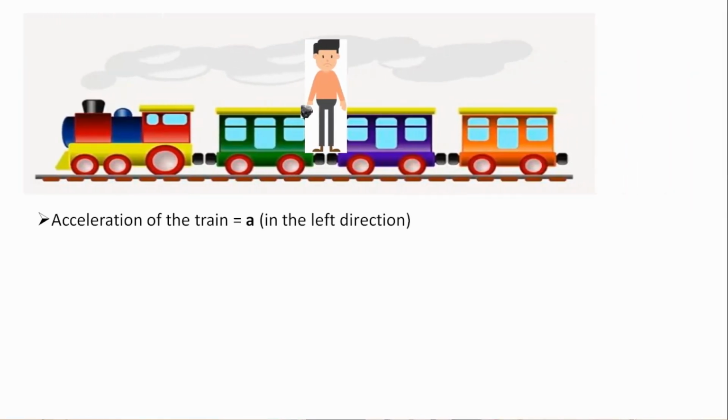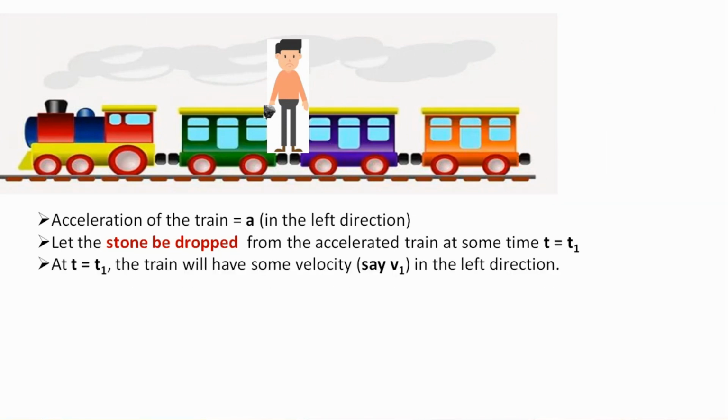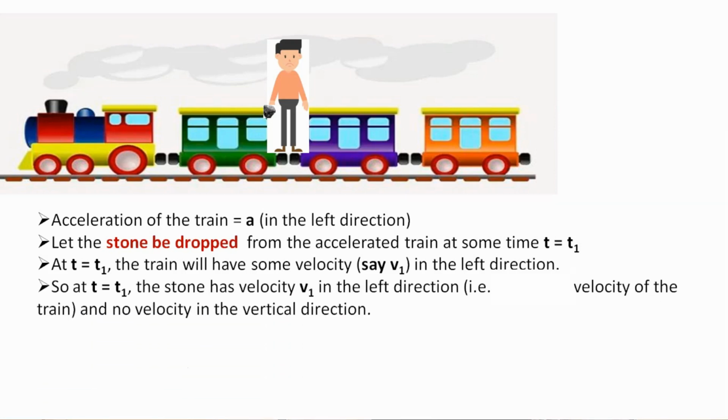Now, if this person drops this stone out of this accelerated train, and if you neglect any air resistance, this stone will have no horizontal force and no horizontal acceleration.